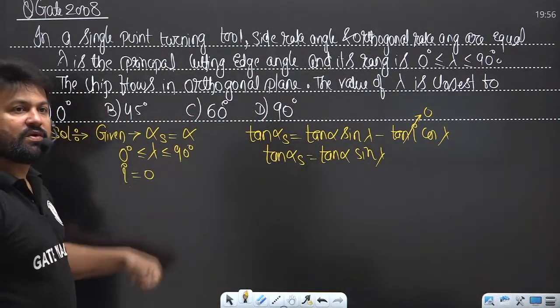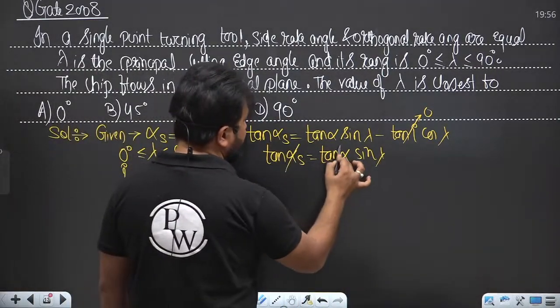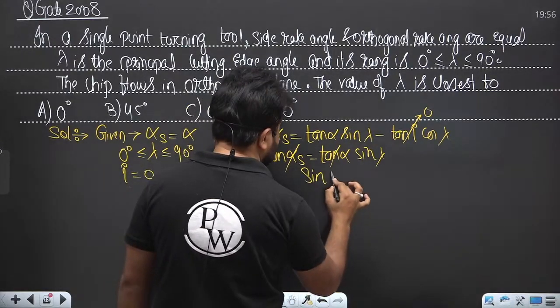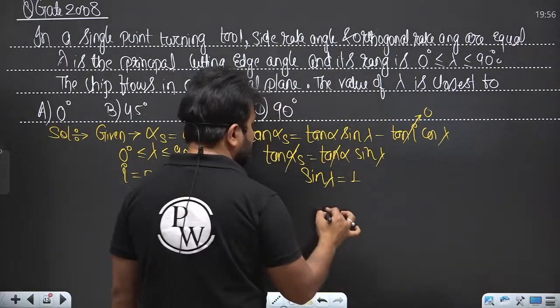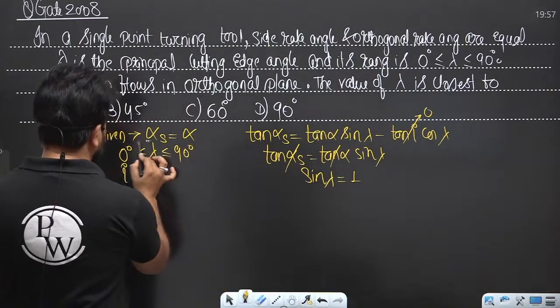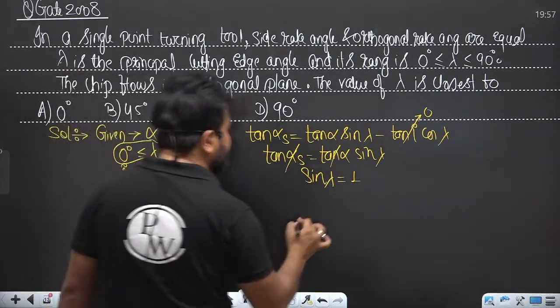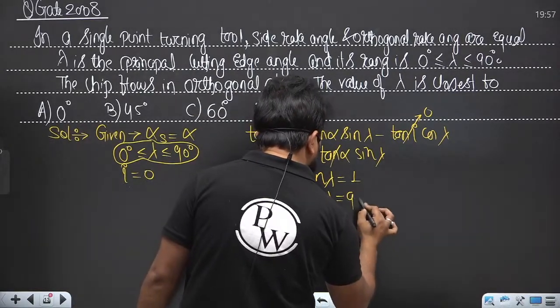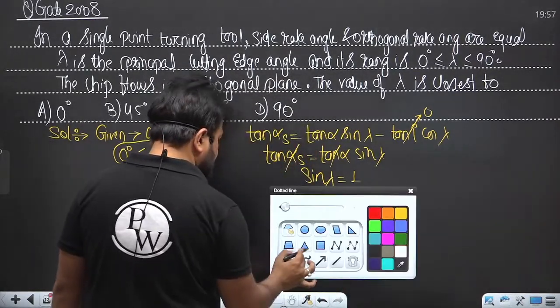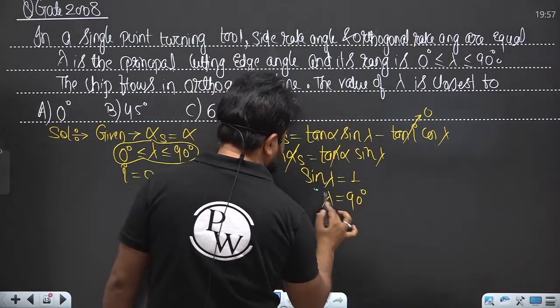Alpha cancels out, sin lambda equals 1, and according to this range, lambda must be 90 degrees. So this is the final answer.